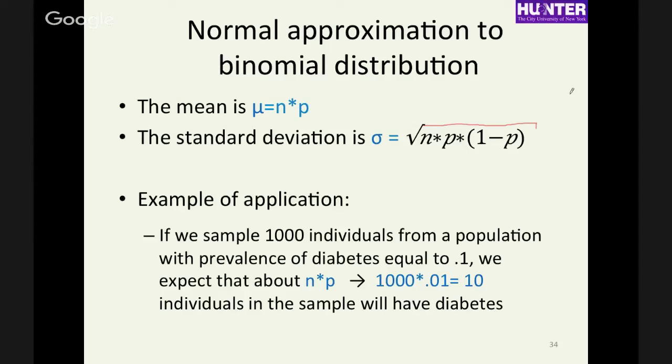So that distribution of the number of successes has a mean of n times p, the number of trials times the probability of success in each trial. So for the 100 coin flips with the probability of 0.5, the mean is 50. And the standard deviation is the square root of n times p times 1 minus p.